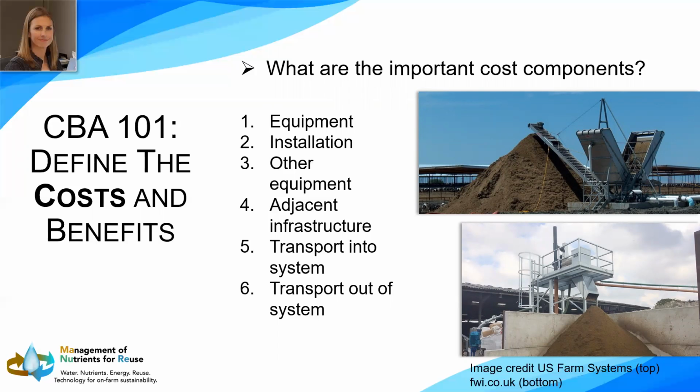Also adjacent infrastructure, which would include concrete slabs and building and other earthwork, plus that installation, and then transport of manure into and out of the separator system. I am happy to receive input from others who have alternative suggestions to these components or to this overall approach.